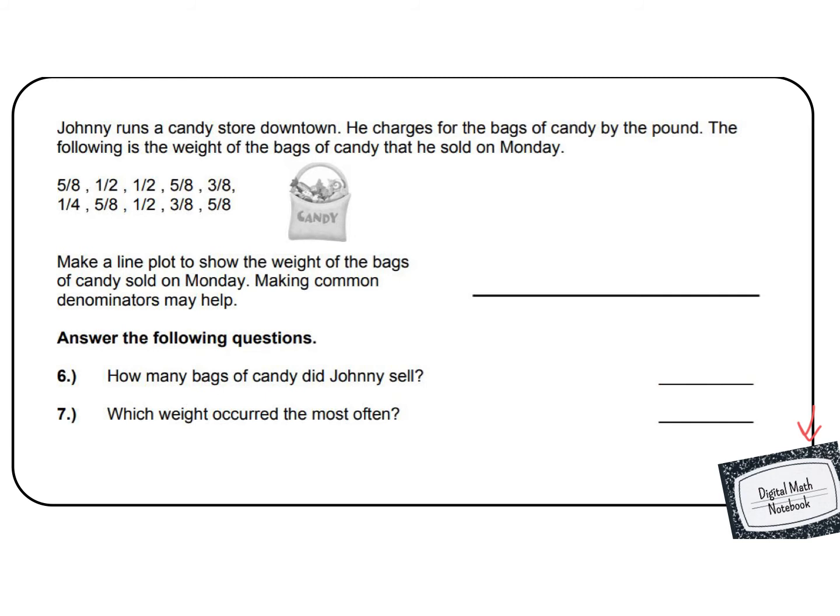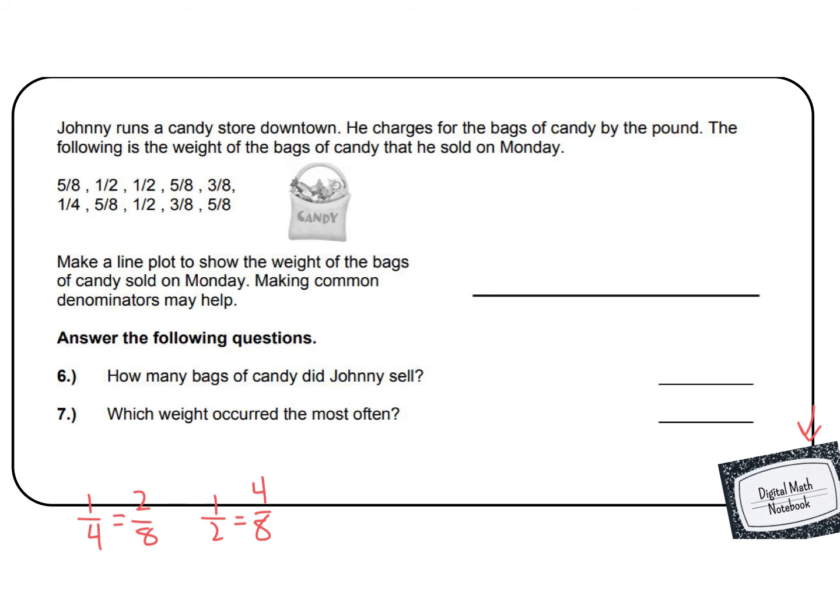So the first thing that we need to do is put our numbers in order from least to greatest on our number line. So we have eighths, halves, eighths and halves, and fourths. So if I make 1/4 into an eighth, then I have to multiply by 2. If I make 1/2 into an eighth, then I need to multiply by 4.